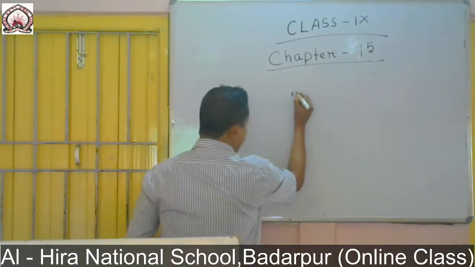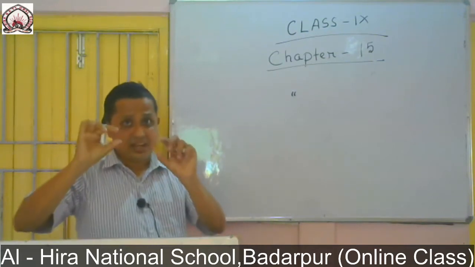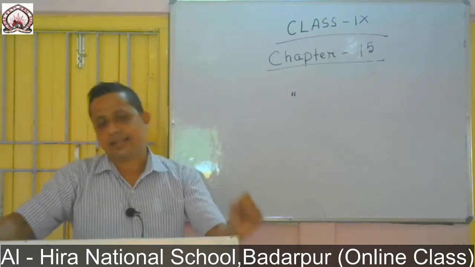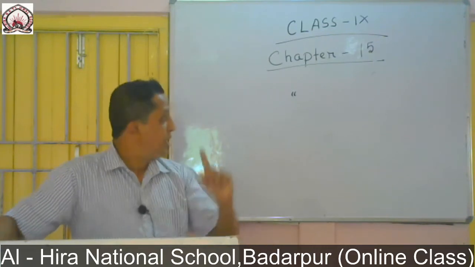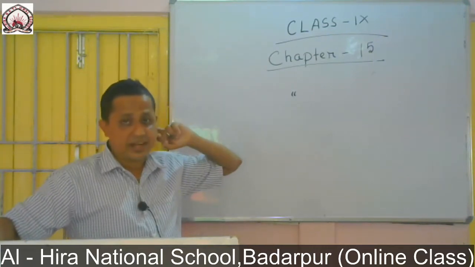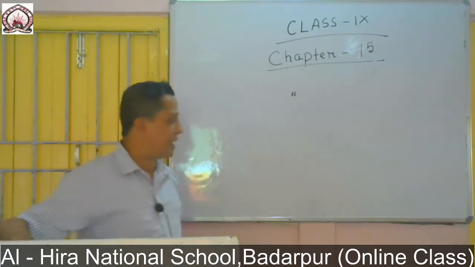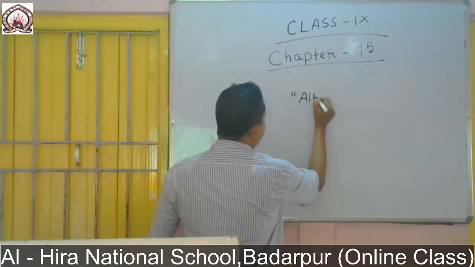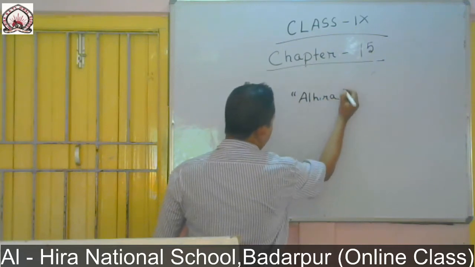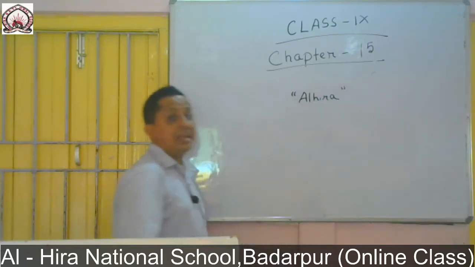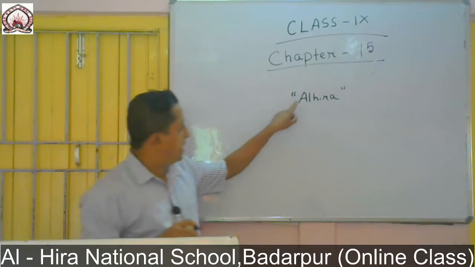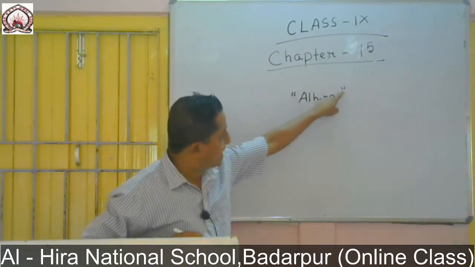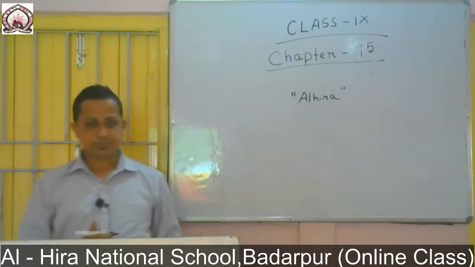In case of character constant, only a single character was there. But in case of string constant, we can have more than one character. Say for example, "Alhira". So I give the double quotes. This is a string constant because more than one character is there and it is enclosed within double quotes.